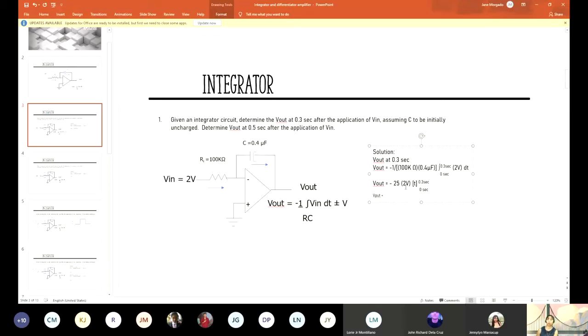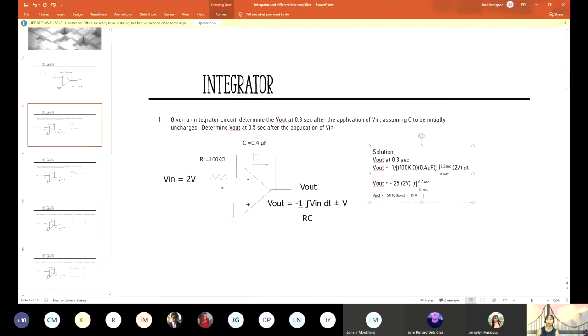Negative 25 times 2 gives negative 50 times t. So 0.3 minus 0 is just 0.3 second. What would be the answer? 50 times 0.3, so we have negative 15 volts.